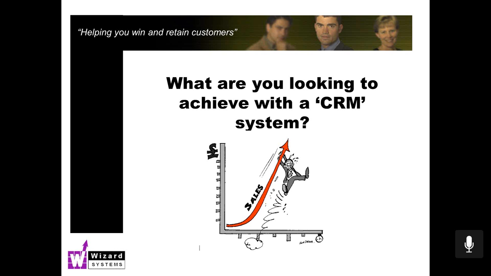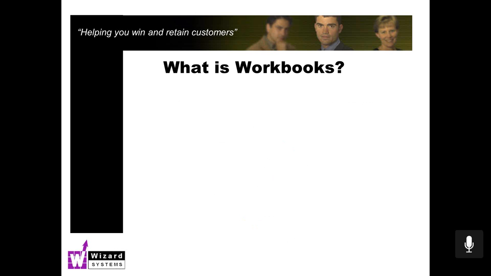You're looking to achieve better email marketing, track sales, track your quote process more effectively, acquire more business, improve customer service. So we want to get to what are the key things you want to achieve, the issues you want to solve, and how you are going to measure the success of this system three months later when you've started using CRM. Looking back at what you've achieved, how are you going to measure that progress, that ROI?